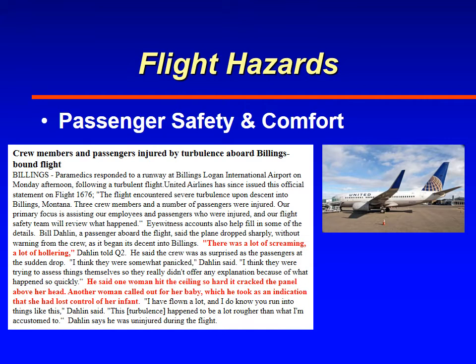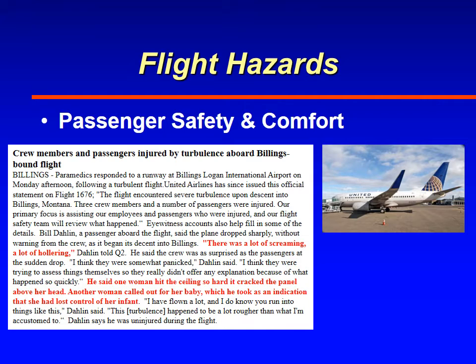And then, of course, passenger safety and comfort. We talked about how often turbulence causes injuries to passengers. This is especially the case over mountainous areas. This accident specifically happened back in 2014 over Sheridan, Wyoming, near the Bighorn Mountains of Wyoming. It was a United Airlines aircraft, and in this case, a number of people were injured.